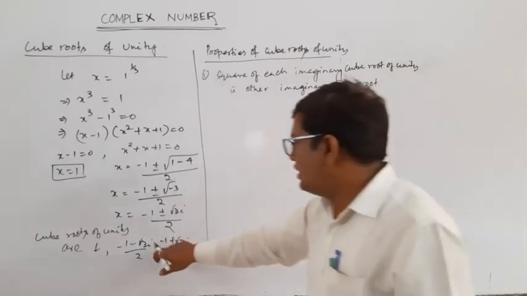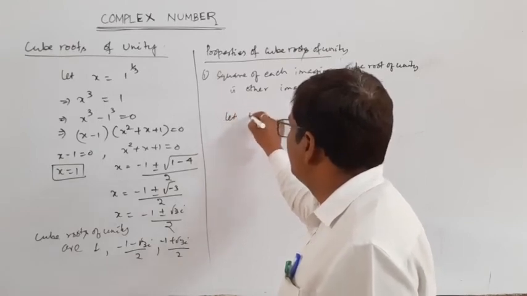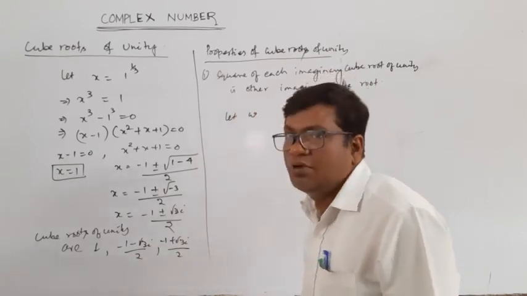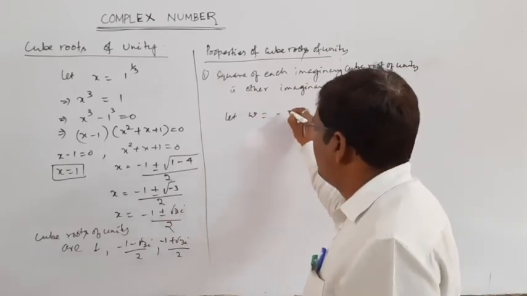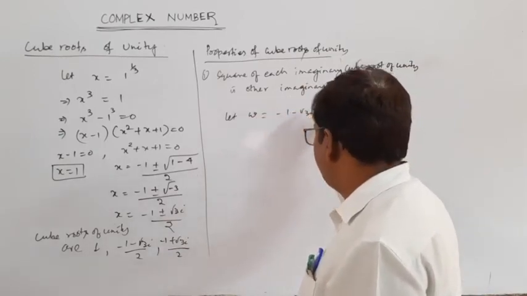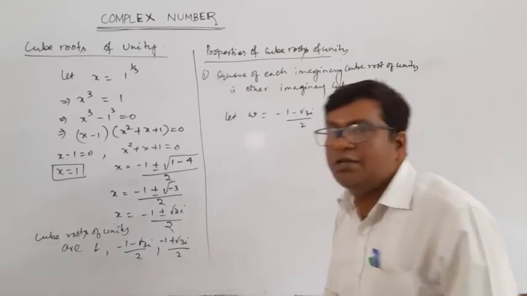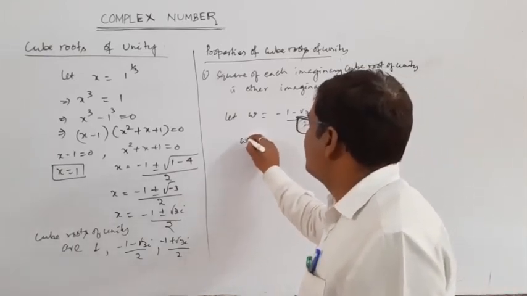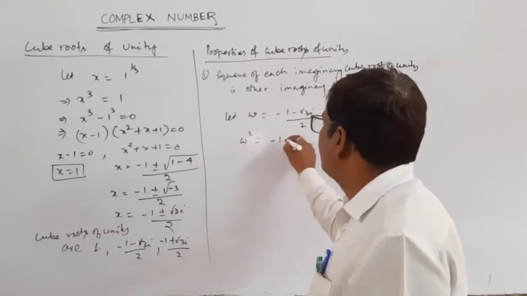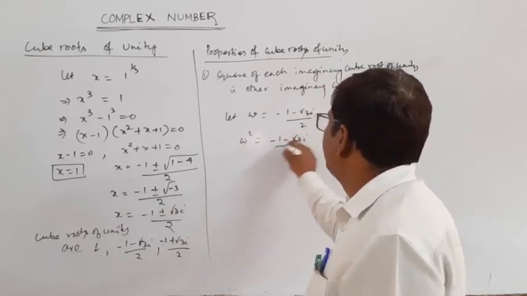Suppose the symbol used for the imaginary root is omega. Let omega be equal to minus 1 minus root 3i by 2. Now squaring both sides, omega square is equal to minus 1 minus root 3i by 2 whole square.